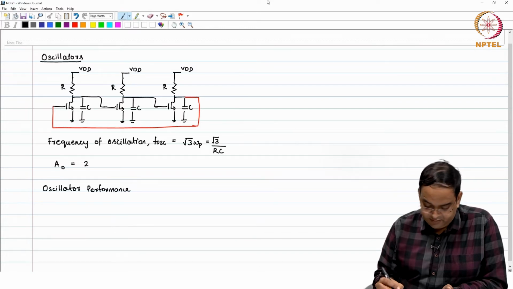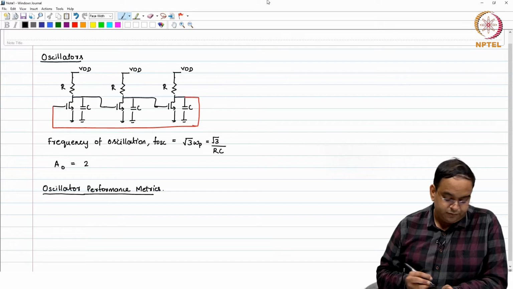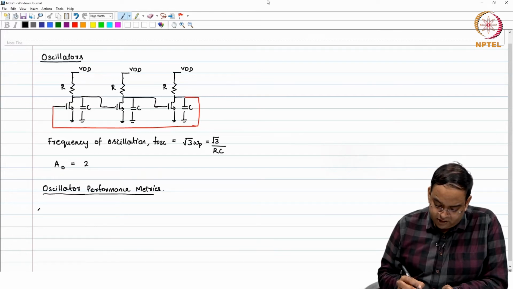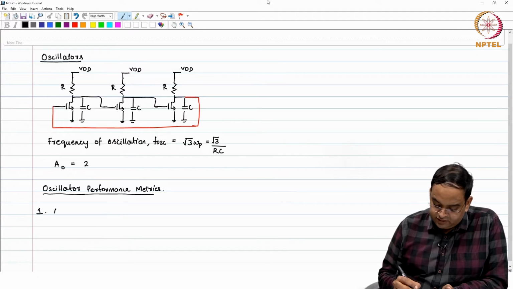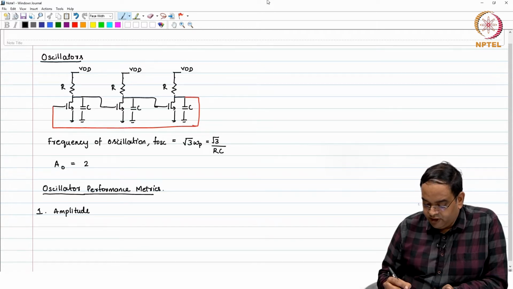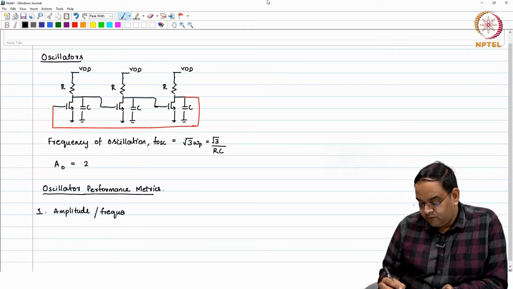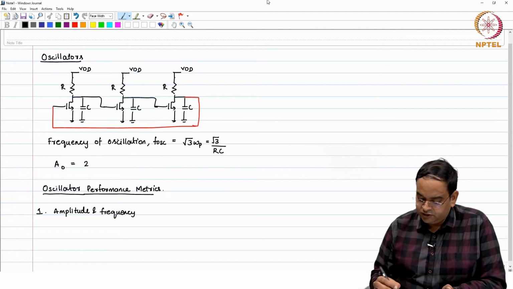Performance matrix, whether this oscillator is good or not, it will meet our demand or not, that is something which we need to figure out. So, first thing is, in this particular oscillator, what is the amplitude of oscillation? Amplitude and frequency stability are the two things which you will measure for any given oscillator. Okay.